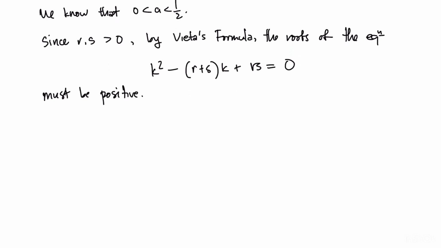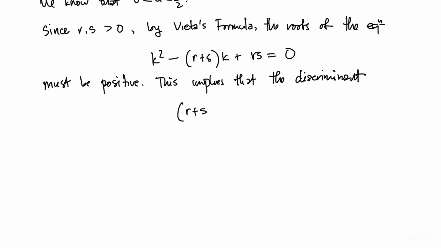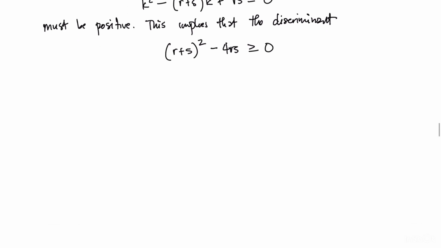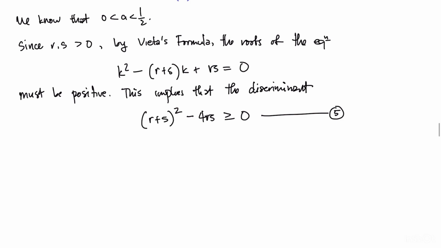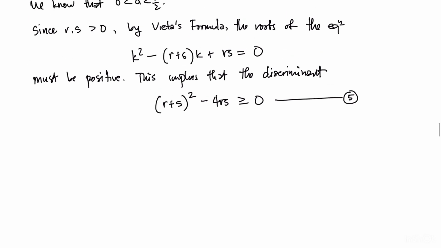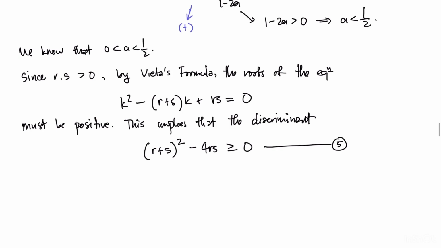So this implies that the discriminant of this, R plus S squared minus 4RS, since R and S are positive real numbers, must be greater than or equal to 0. Now, this inequality, I'm gonna call this number 5.